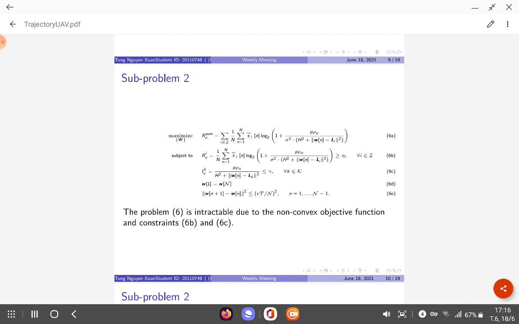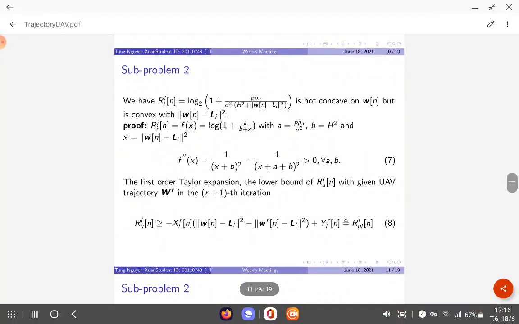So this problem is a non-convex problem. The achievable rate of user X is non-concave on W, but it is convex over the norm of the distance between the UAV and user X. So I have the proof about convexity.